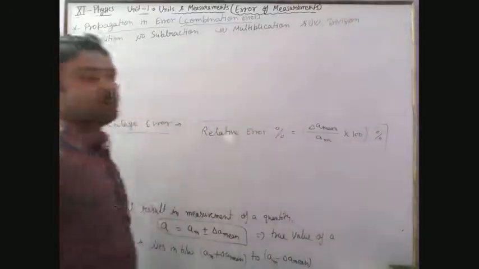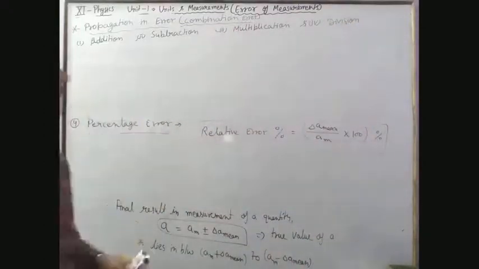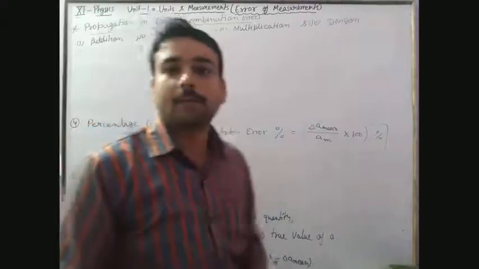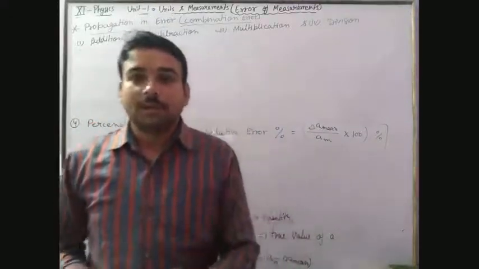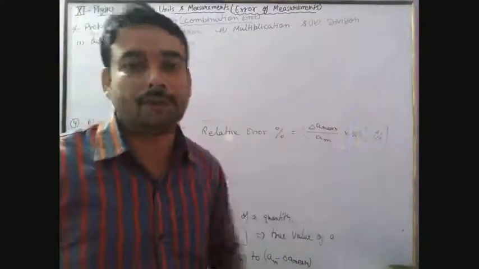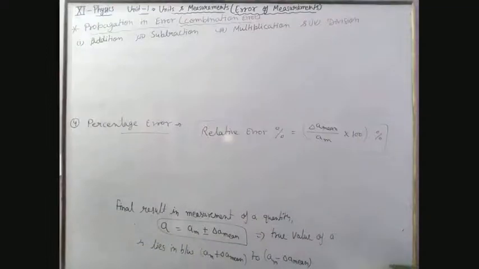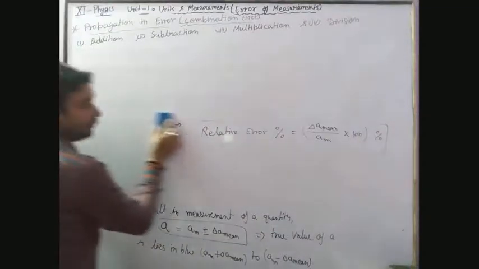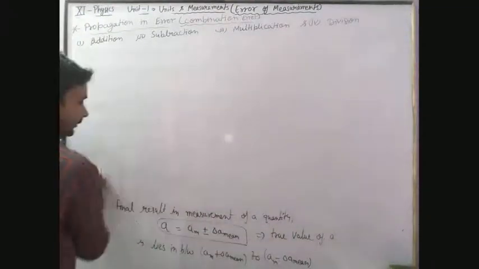So whenever we use a mathematical operation in our measurement, the errors propagate from each and every one. Okay, now we understood about the propagation of error.